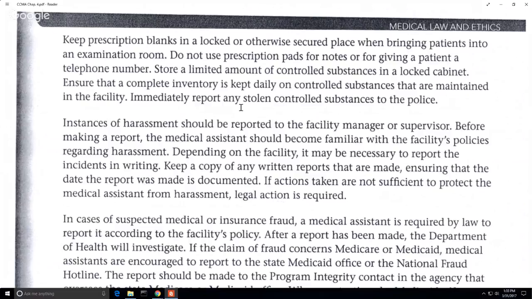No matter what the facility's policy is, this kind of incident should always be in writing. If you want them to take an action, it should be in writing. If you don't give it in writing, it is up to them whether they want to take an action or not. But if you put it in writing, they have to take an action.